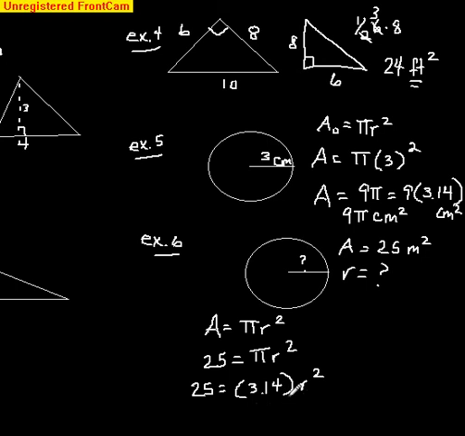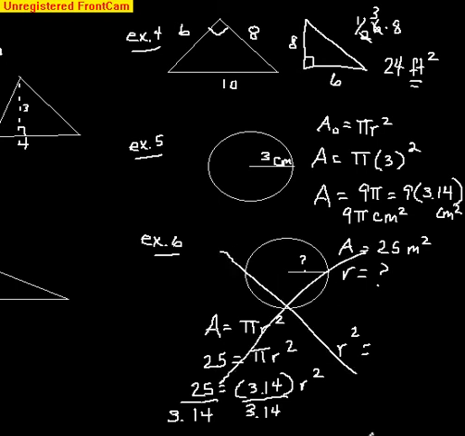You can just leave pi and solve for r squared. You can divide both sides by 3.14, which we have not yet learned. And this is one of those problems where the book is ahead of where we're at. So you would just divide that, and we will get to that when we get to more on how to solve equations. So just skip these for right now.